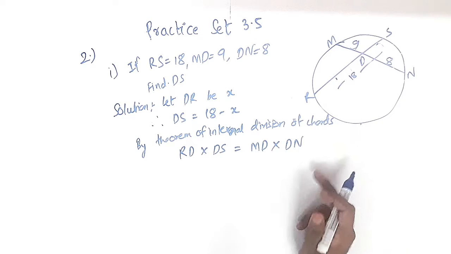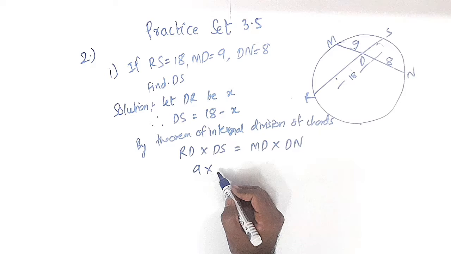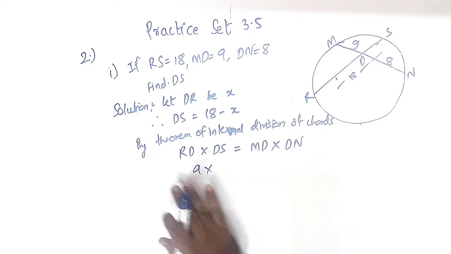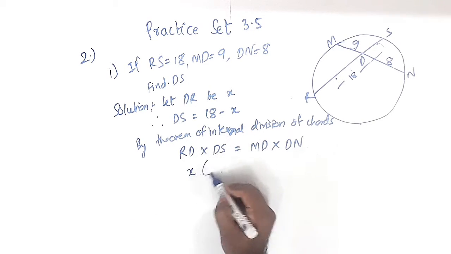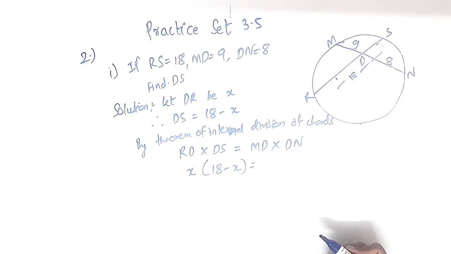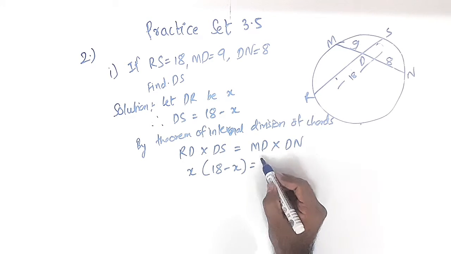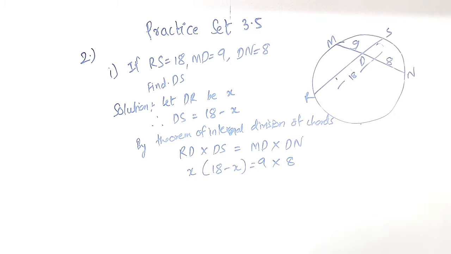Now RD we have X and DS we have 18 minus X. And MD we have 9, DN we have 8.